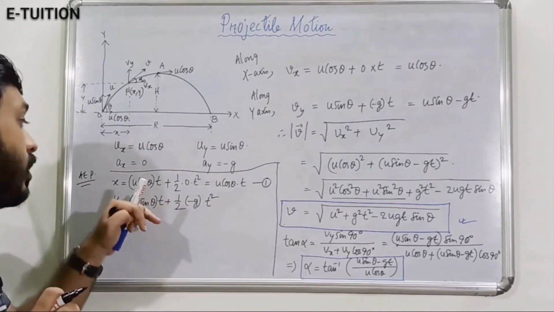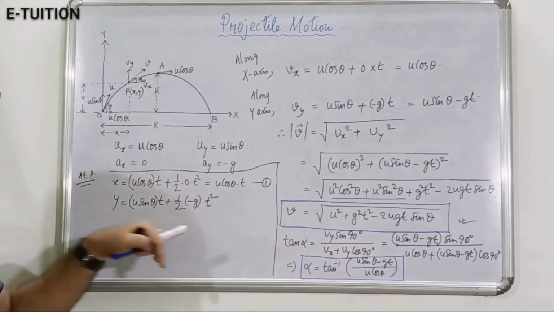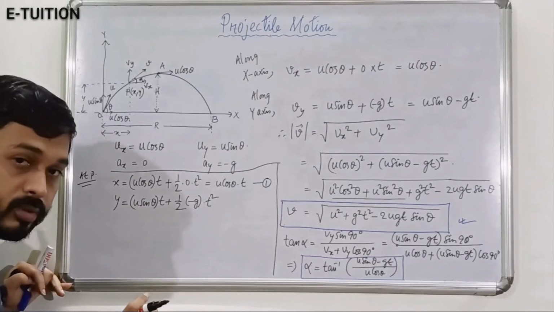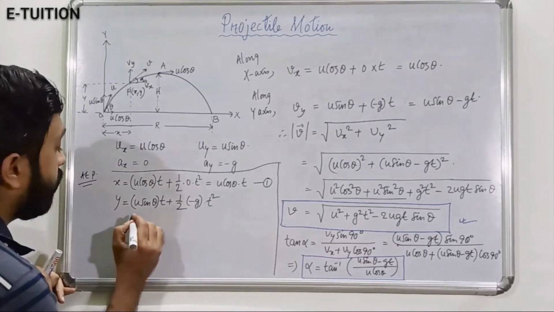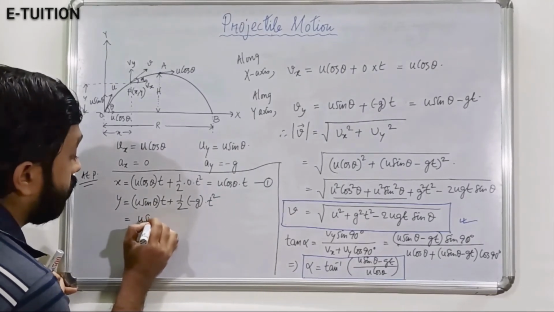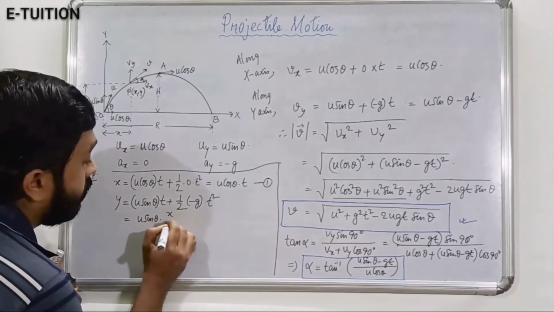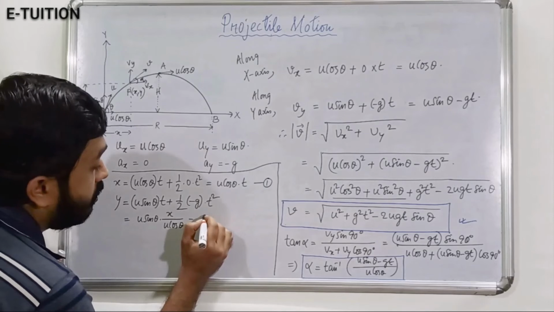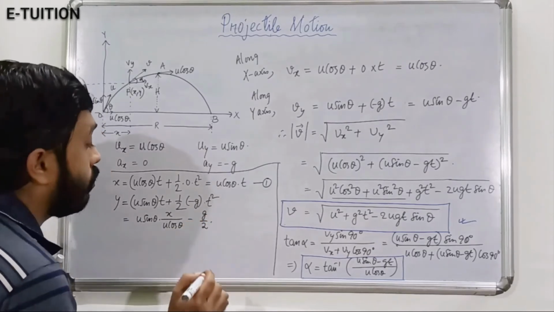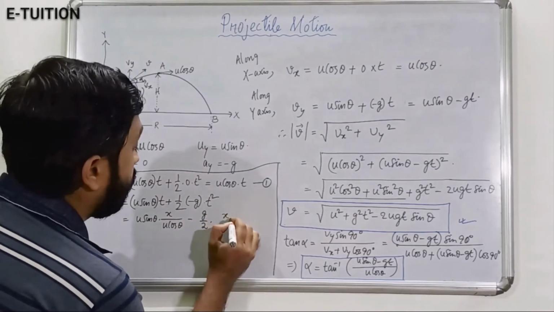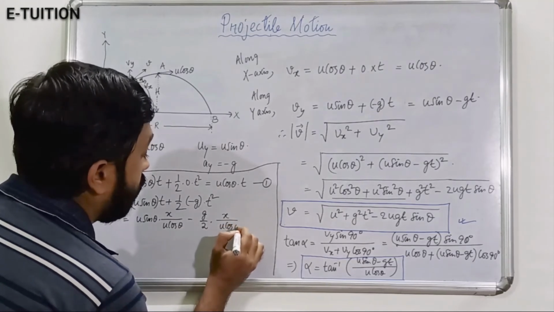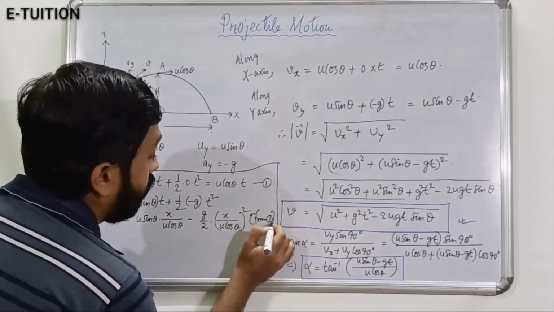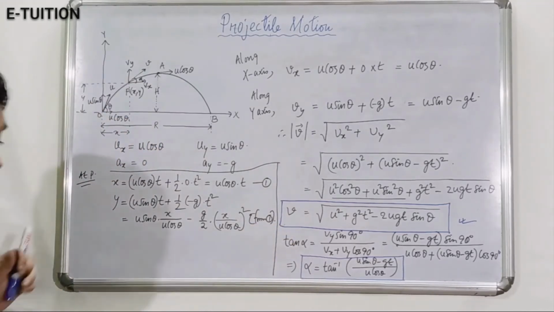Now we need to substitute the value of t from the first equation into this. How much is t from the first equation? t equal to x by u cos theta. So y equals u sin theta into x by u cos theta minus g by 2 multiplied by x by u cos theta whole square, from equation 1.